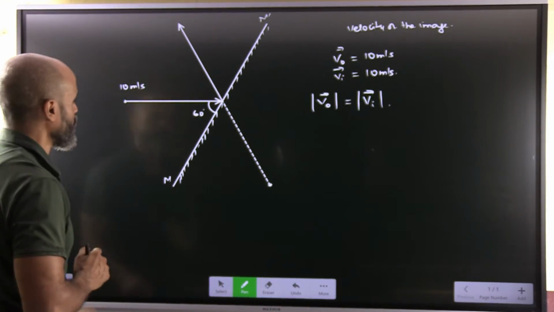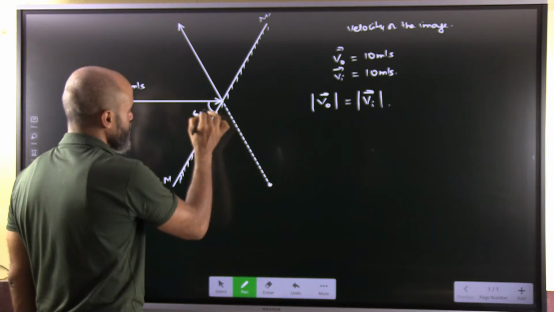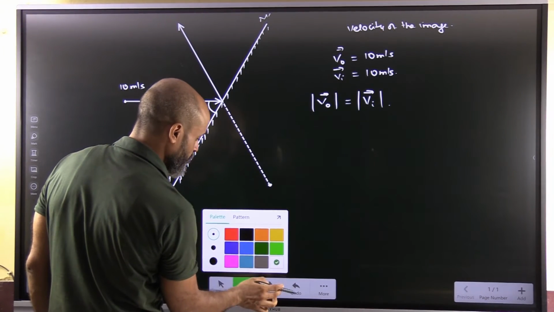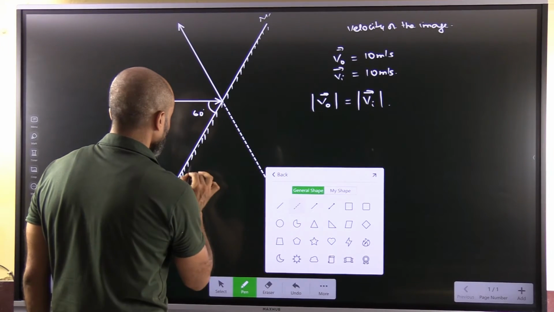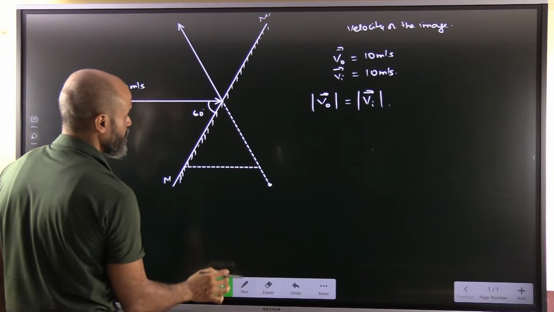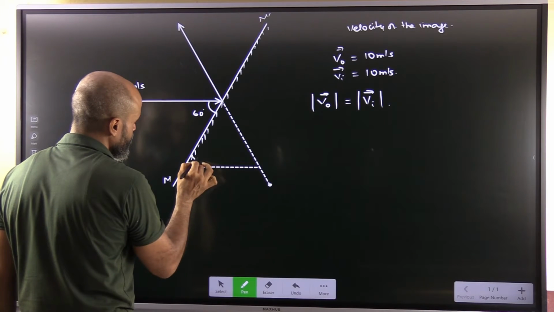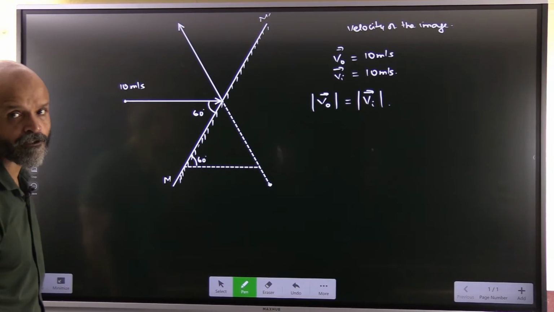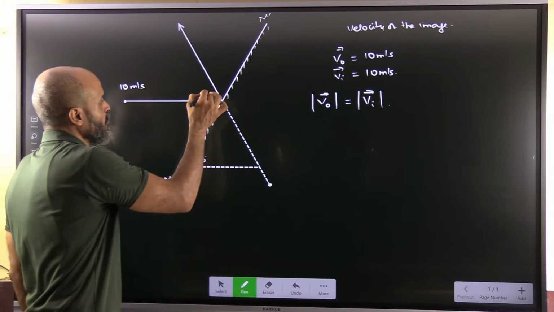Now let's look at this. So this is basically angle 60, and if I join this, what will this angle be? Obviously this angle is going to be 60 degrees because these are interior alternate angles. Now look at this.